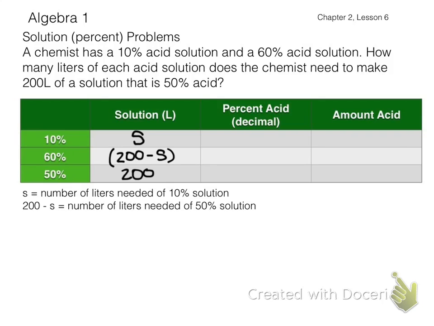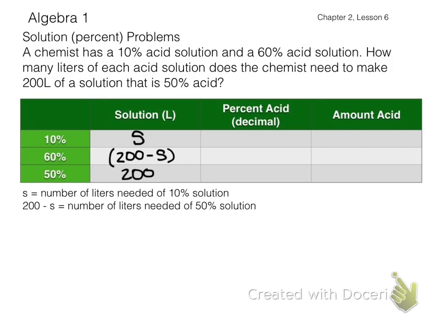It's the mathematician's privilege to choose which one gets the variable. So in this case, I made S the number of liters needed for the 10% solution. And I made the 60% the 200 minus S, because if it's not 10%, it's got to be the 60%. And I do know that the final solution, that is 50%, should be 200 liters.